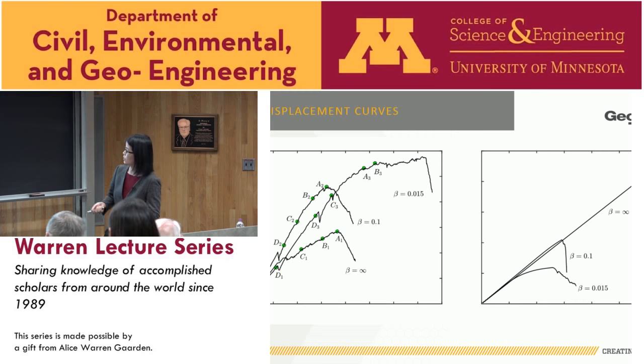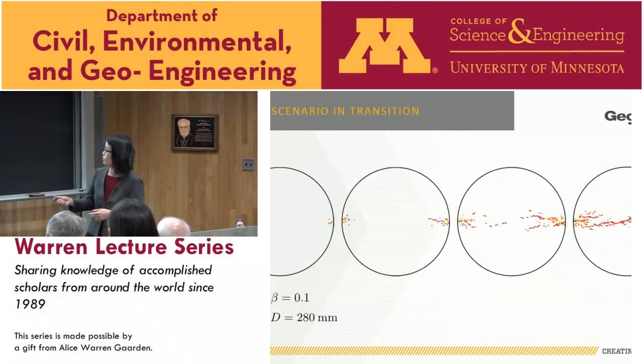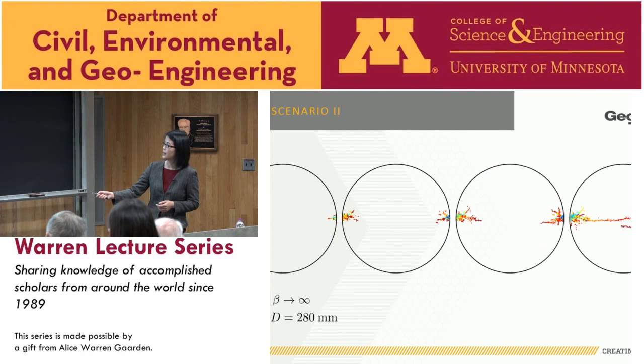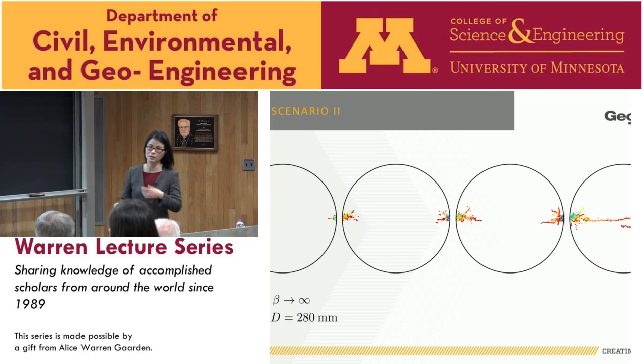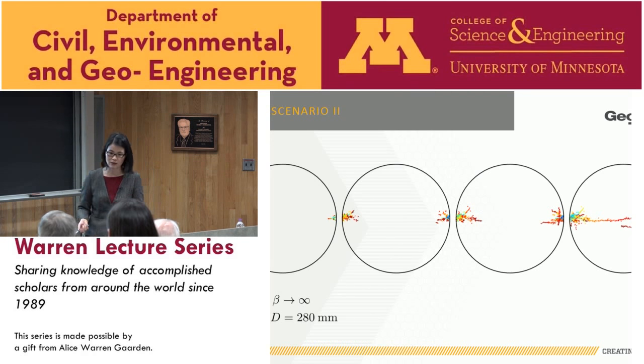Again, that goes with the idea that your failure when beta is infinity is actually not governed by tension. It's governed by these shear events, and therefore it's more related to the compressive strength.